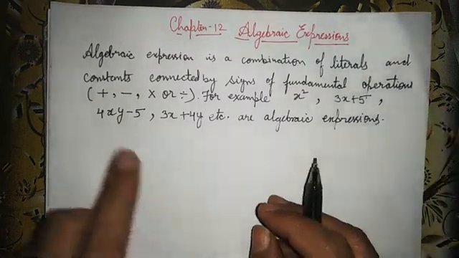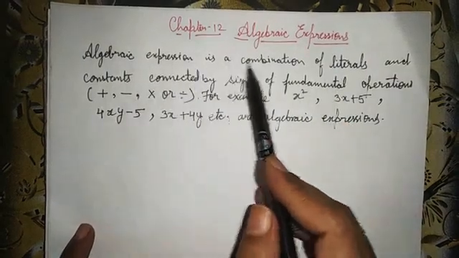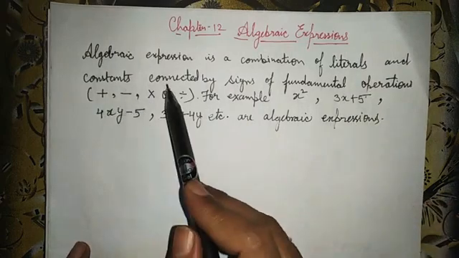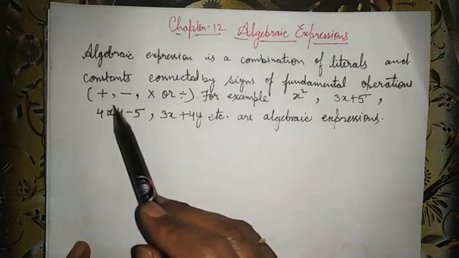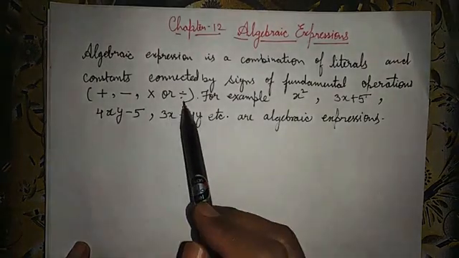Now children, I think it is clear what is an algebraic expression. An algebraic expression is a combination of literals and constants connected by signs of fundamental operations. These are the signs of fundamental operation: plus, minus, multiply or division.